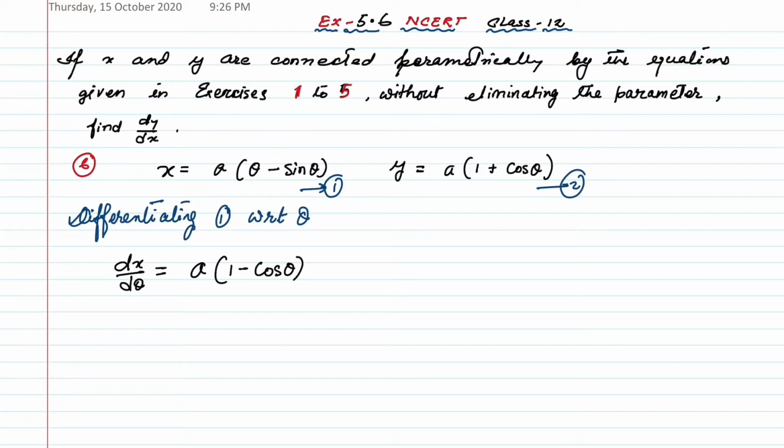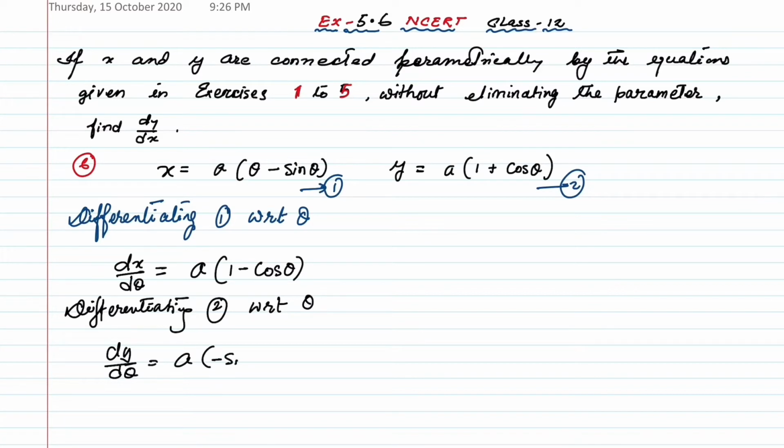And differentiating 2 with respect to theta, we get dy by d theta equal to a, the derivative of 1 is 0, and the derivative of cos theta is minus sine theta, so that's going to be minus a sine theta.